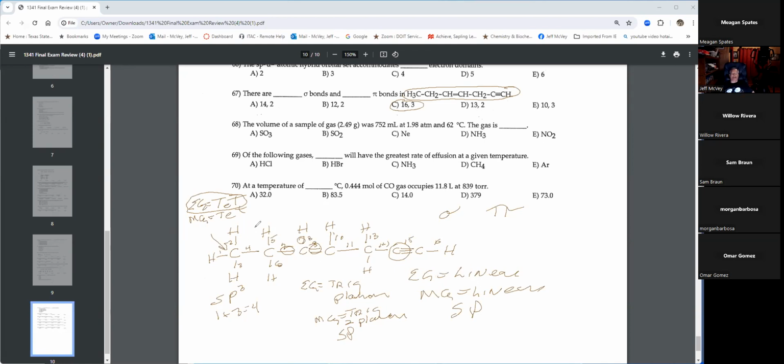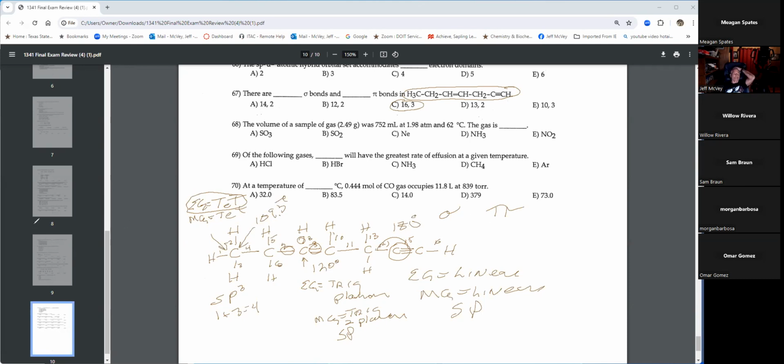What's my bond angle around that carbon? 109.5 degrees. Good job. What is my bond angle around that carbon? 120. What's my bond angle around this carbon? 180. All right, not bad, guys.